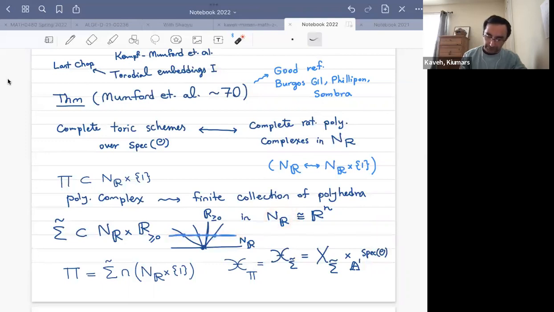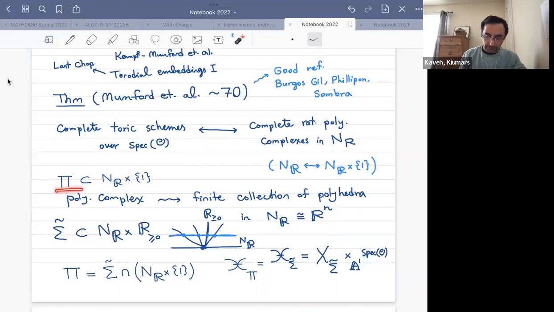And more precisely, it's N_R cross 1, so N_R put at level 1. Polyhedral complex means you have some rational polytopes, polyhedrons instead of cones. You have rational polyhedrons.